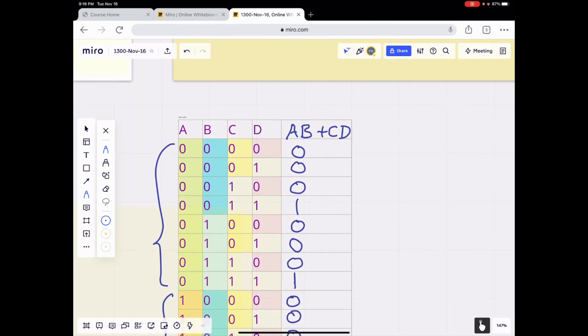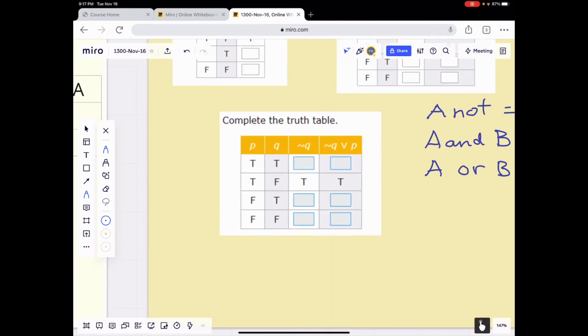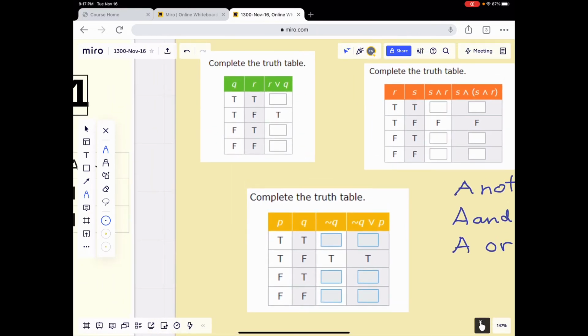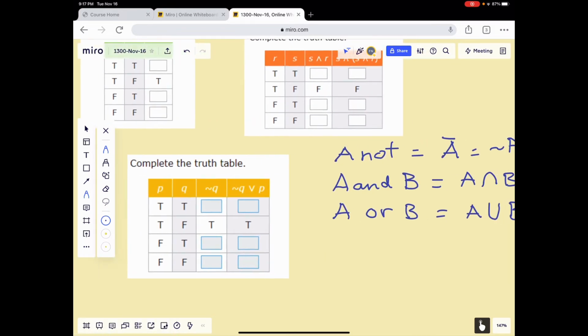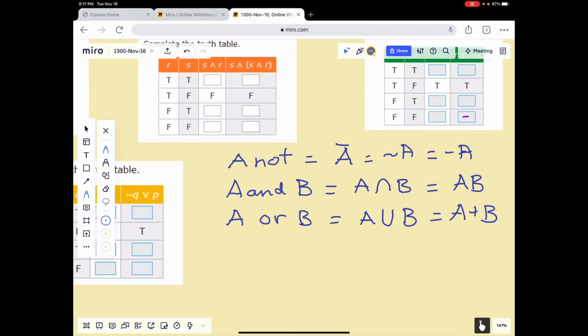All right, sometimes you have a table, they don't give you 1 and 0, but they'd rather give you T and F. So you do the same thing. T represents 1 and F represents 0. And sometimes they have a different symbol to write out and, or, and not.